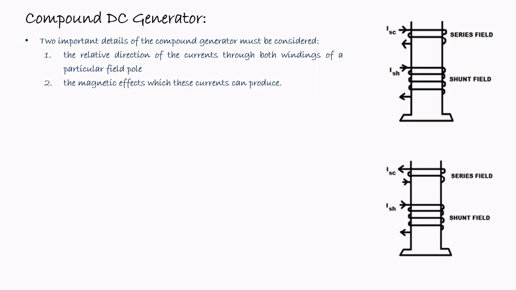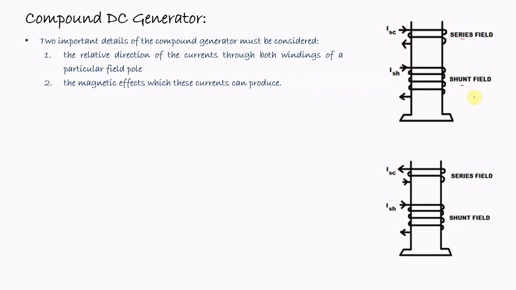So there are two options. This is one particular pole and these are the two fields, the series field and the shunt field. In the first case, we can see that the direction of the current is the same for both the field windings. Both are entering in the same way. So here both the currents are in the same direction.